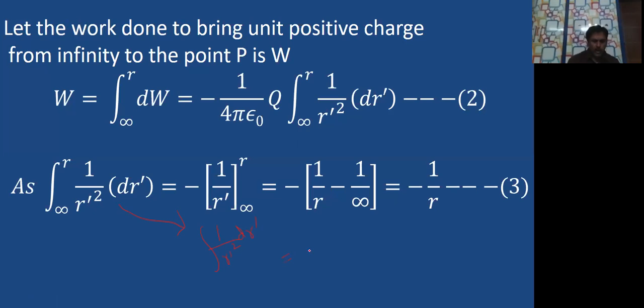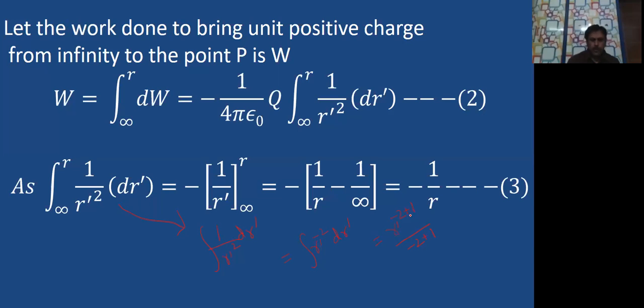That is how I am writing r dash power minus 2 dr dash, integration in the limits. And this you have studied already, the x power n dx formula. The x power n dx formula is x power n plus 1 by n plus 1. That means here it is r dash power minus 2 plus 1 by minus 2 plus 1.